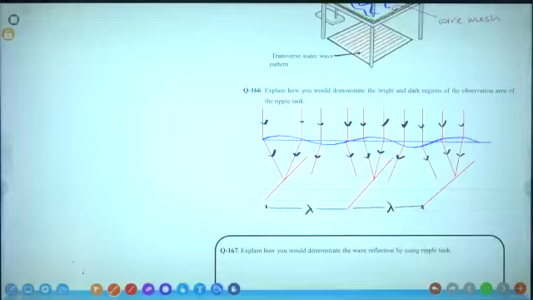Incident light rays, that's enough, right? Then bright regions result.